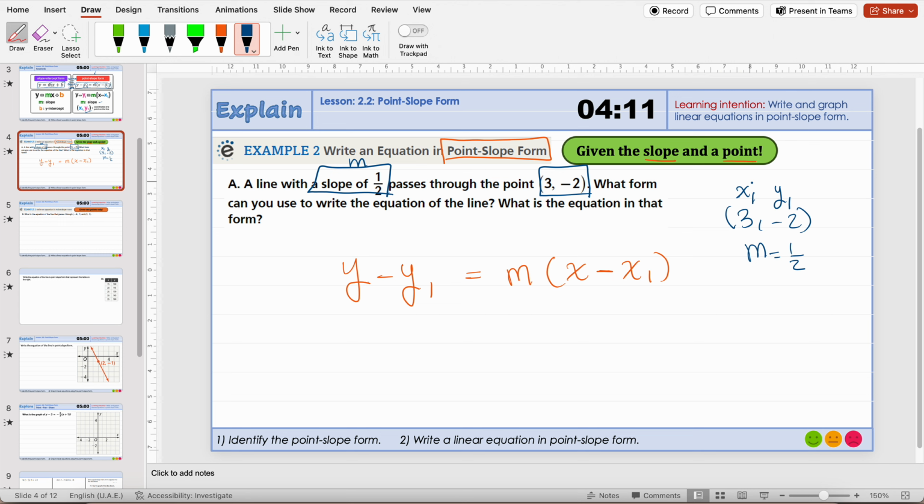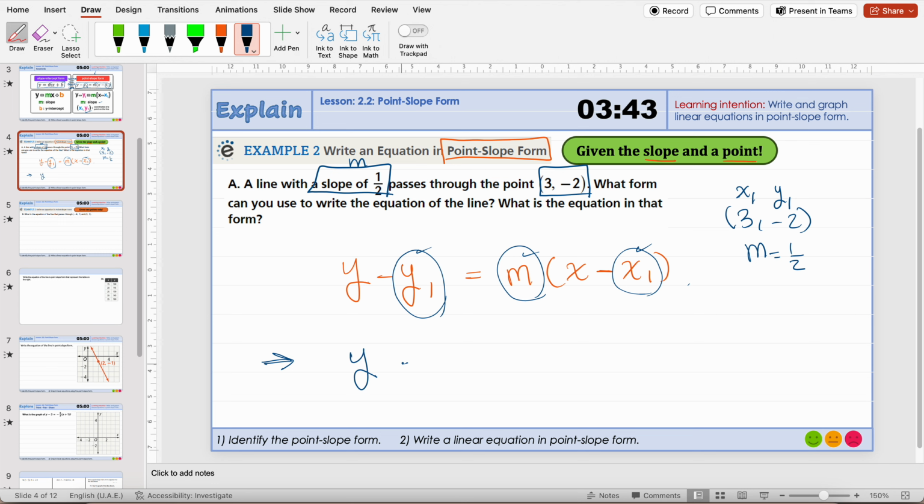Always remember, girls, the first one is x, the second one is y. Since I have x1, y1 and m, I can substitute to rewrite my equation. My equation should look like this, but x1, y1 and m, I should replace them with the values that are given, or you have to find them. In this case, if both are given, it's easy.